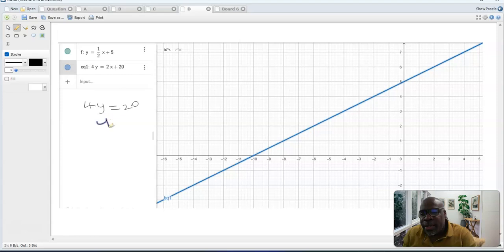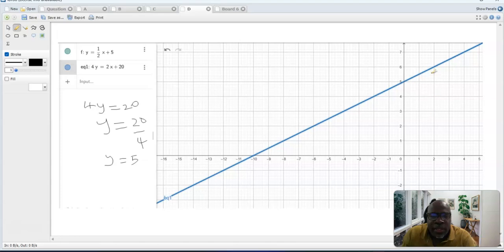To find y, we divide 20 by 4, and our answer is 5. So in both equations y is 5. They are sharing the same x value and the same y value. That's one solution. Let's look at another one.